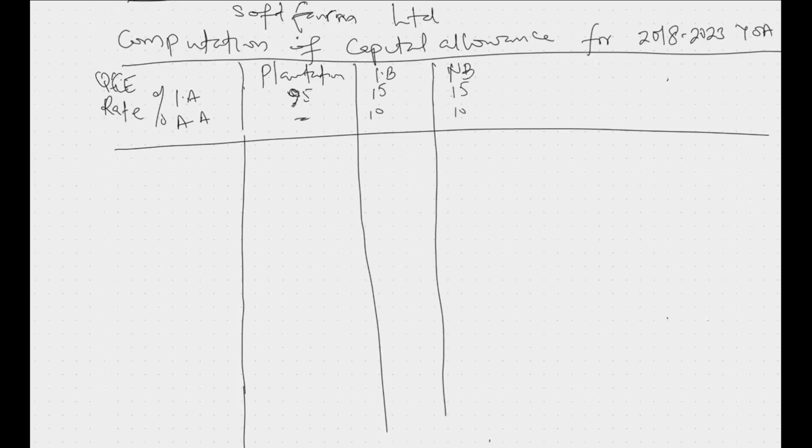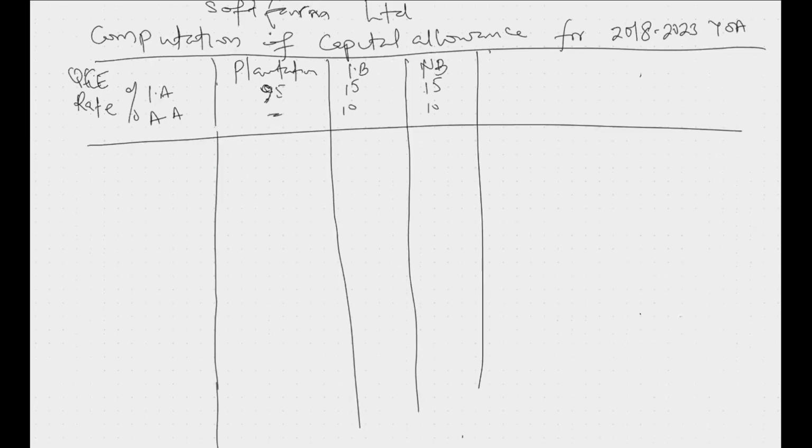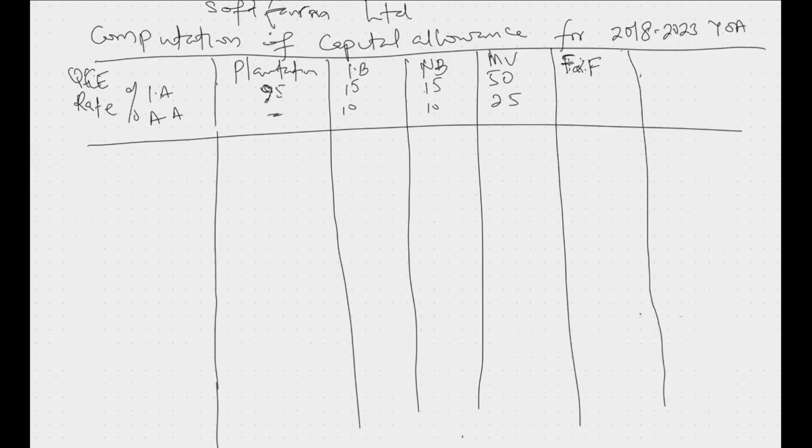The next one, motor vehicle, 15 and 25. Furniture, 10. Research and development. I'm merging all those running furniture and capital.